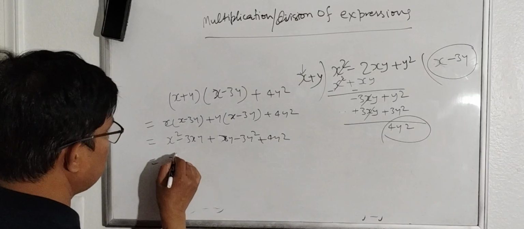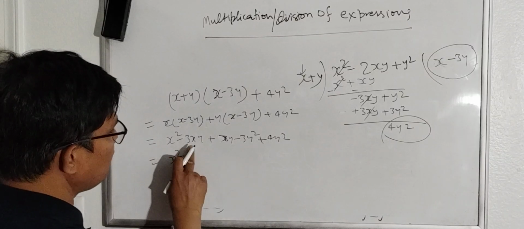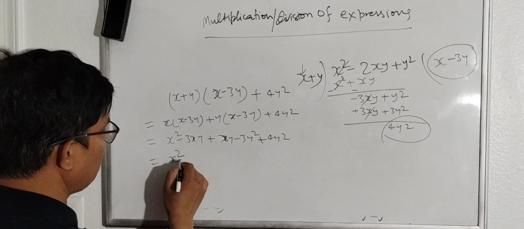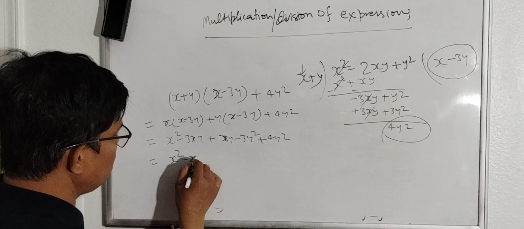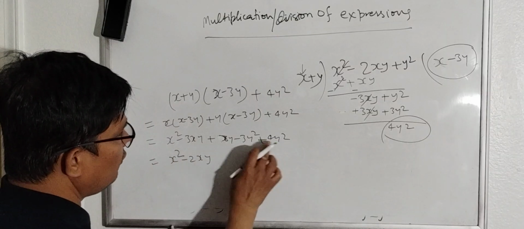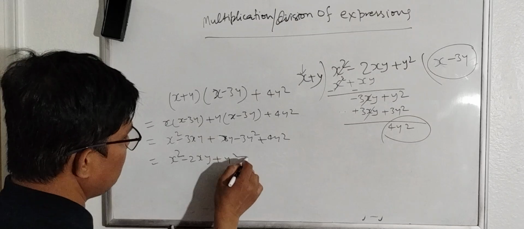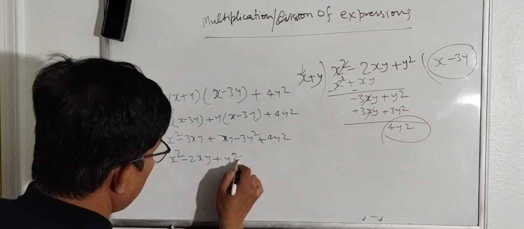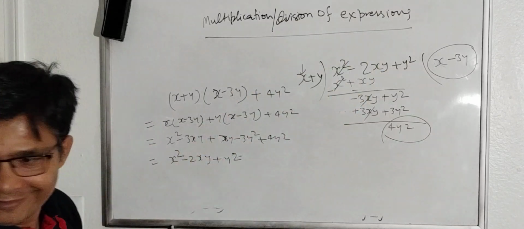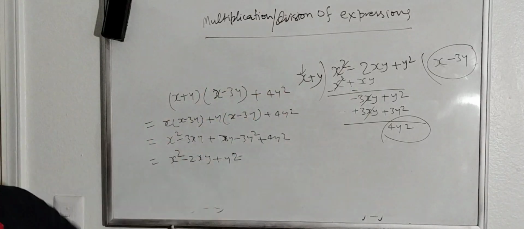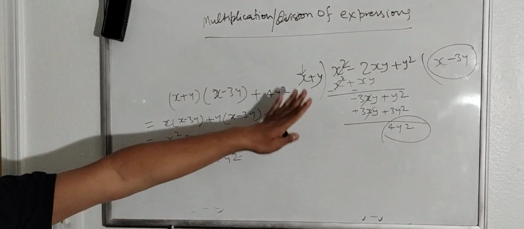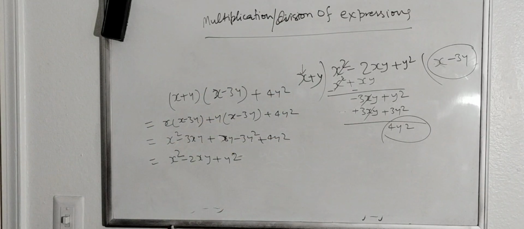So x square, there is no other x square, so x square minus 3xy plus xy. It will become minus 3 plus 1, minus 2xy, and minus 3 plus 4, y square. Did we get the same value? This one and this one. So this is the way we solve the division problem.